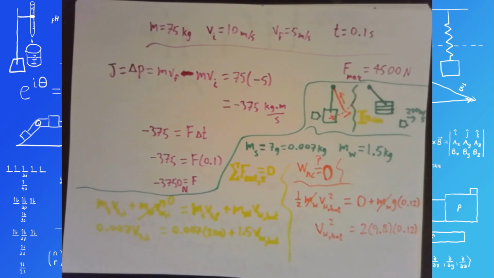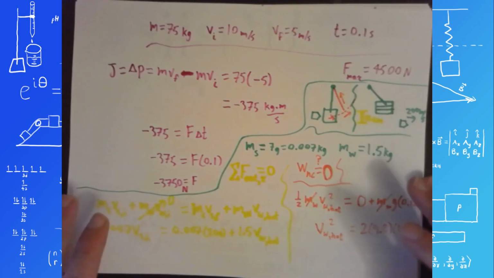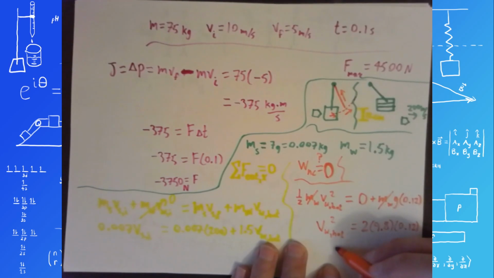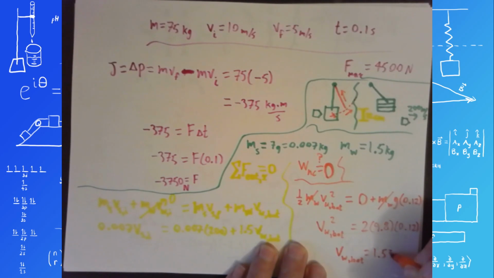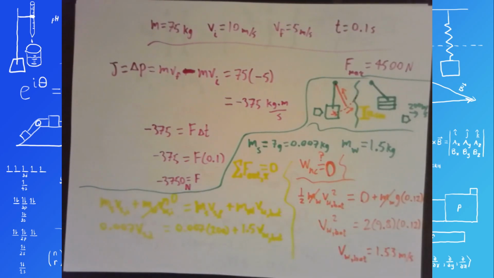I don't need to consider the negative root here because I'm just looking for the speed, just looking for magnitude. So the magnitude of V wood bottom is equal to 1.53 meters per second. All right.